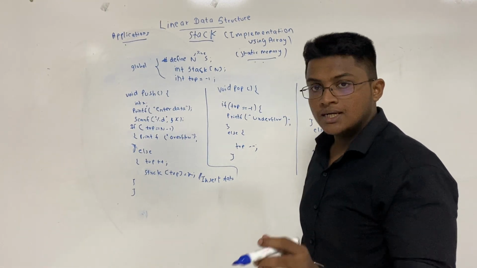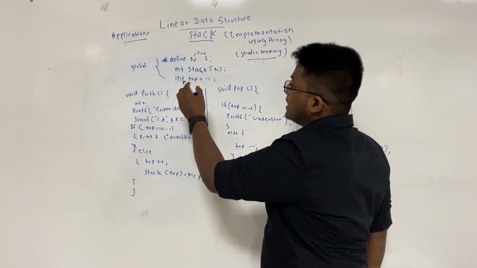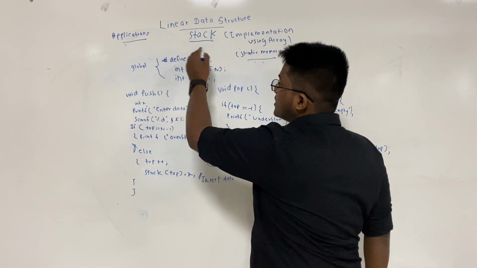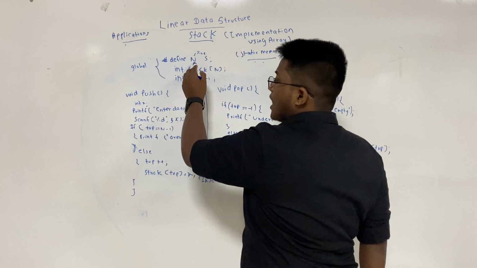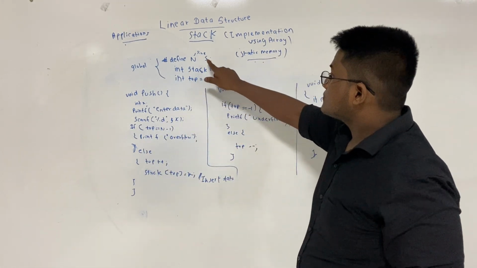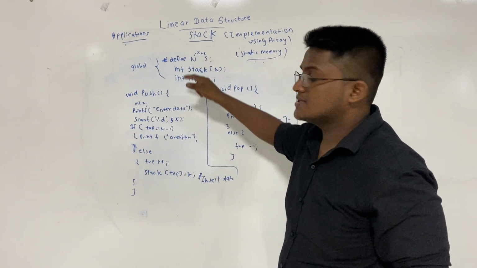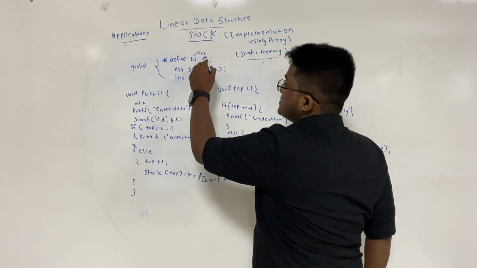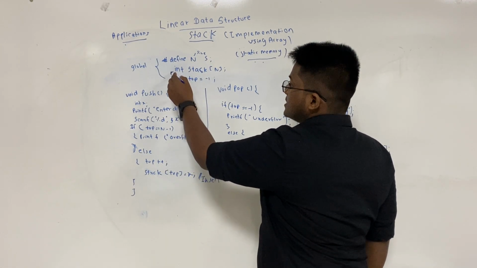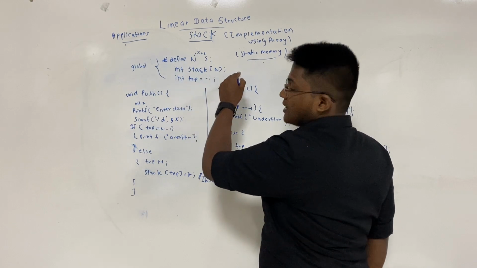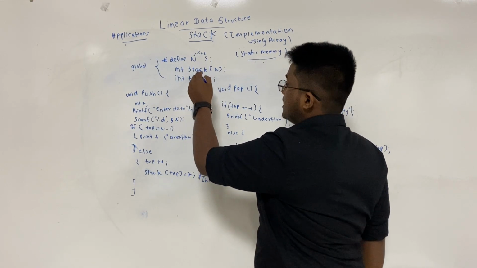First of all, I'm declaring some global variables. First, I have defined the size, N is 5. This is the implementation of the array: int array name and the size.